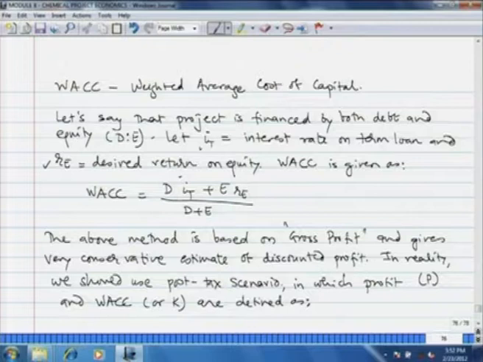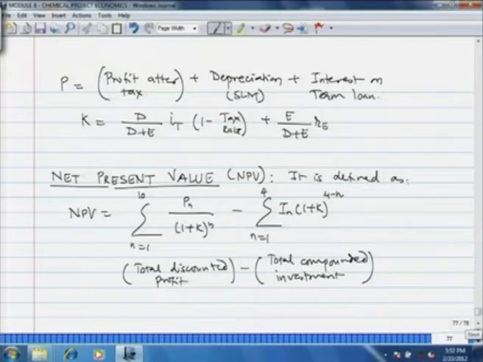Okay. In reality, we have to use the post tax scenario in which the profit P and the WACC, the weighted average capital cost or K, is defined as the profit after tax plus depreciation that we assume to be straight line method plus the interest on term loan, and K, the hurdle rate of return, is D divided by D plus E into IT into 1 minus the tax rate plus E, that is equity, divided by D plus E into RE, that is the hurdle rate of return.